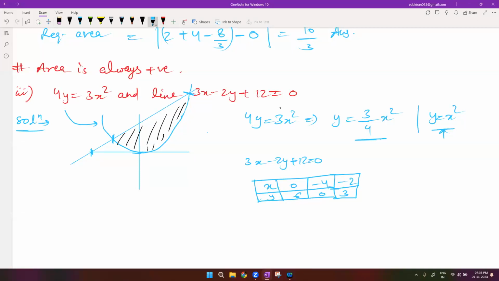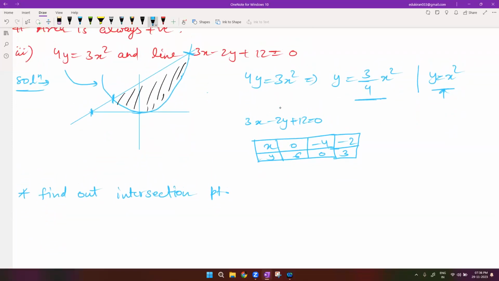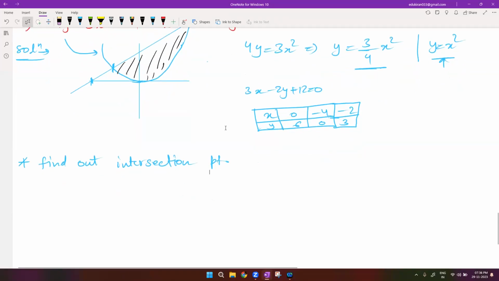Cool. So first, find the intersection points. We know the equations. Let's put them in and find the intersection points.